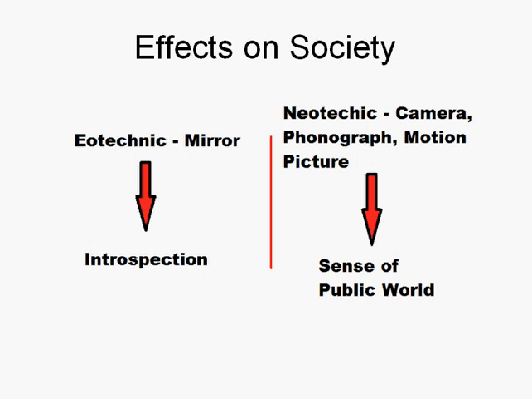The neo-technique phase with the camera, the phonograph, and the motion pictures, you have more of a sense of a public world, more of an awareness or a consciousness of what do I look like to the rest of these folks? So how am I appearing right now? So I guess more psychological than anything else, but has an effect on society.